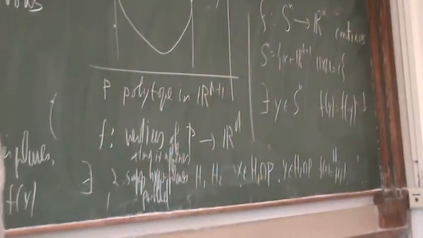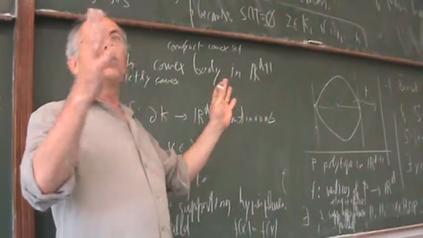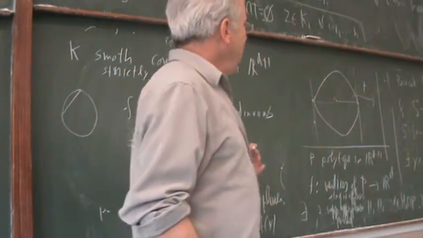So this theorem is a consequence of the previous theorem by moving to a limit. I didn't show you the argument, but you can reconstruct it yourself.